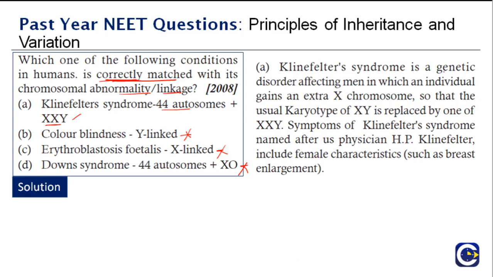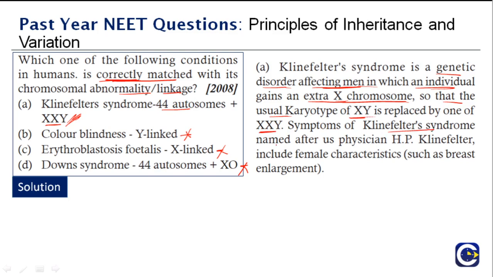Klinefelter syndrome is a genetic disorder affecting men in which an individual gains an extra X chromosome, so the usual karyotype of XY is replaced by XXY.